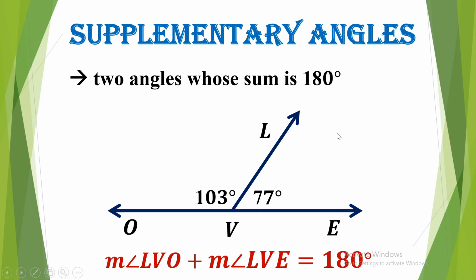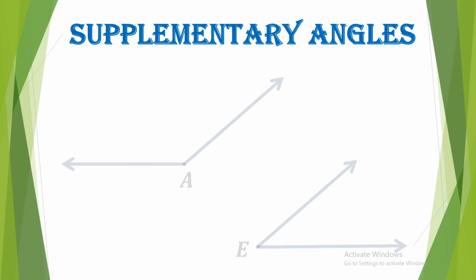But the difference between a linear pair and supplementary angles is that supplementary angles can also be non-adjacent angles. Like this example.